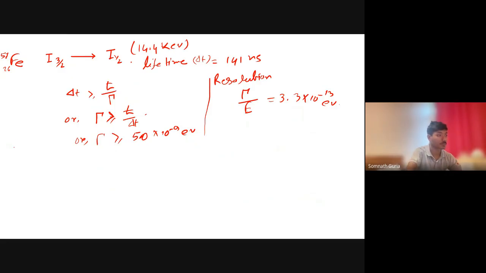Here we can compare the energy gap and the resolution, and we can say that this resolution is very much smaller than that of the optical spectrum.